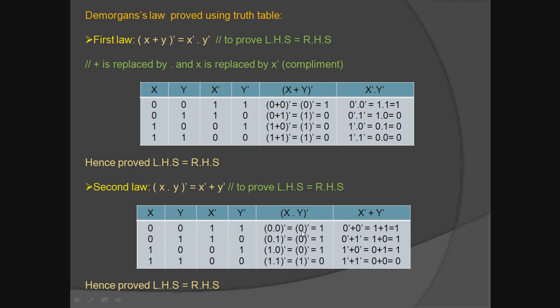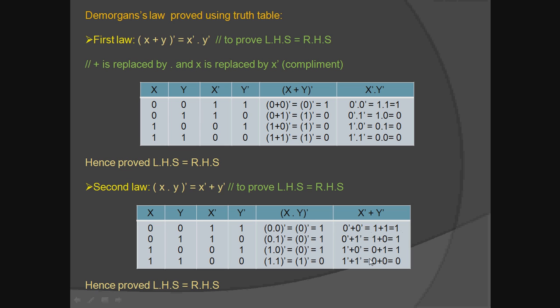The negation of 0 is 1, and then 0 and 1, that is x into y, becomes 0, and 0's complement is 1. So we get 1 1 0 0. Similarly here, 0 plus 0, first we evaluate the complements, 0's complement plus 0's complement becomes 1 plus 1, so we get the value 1.